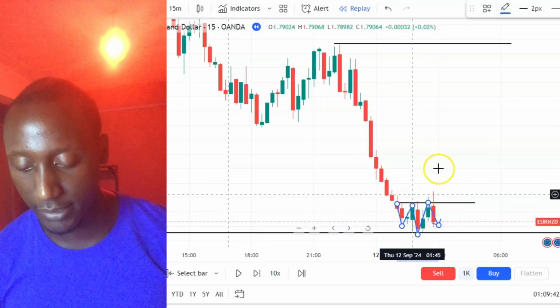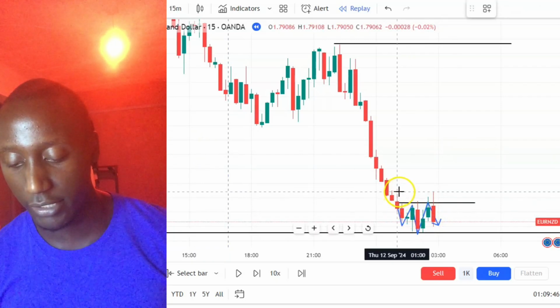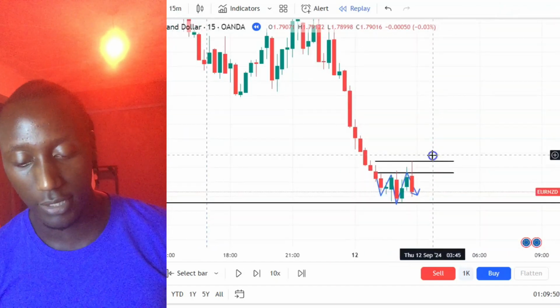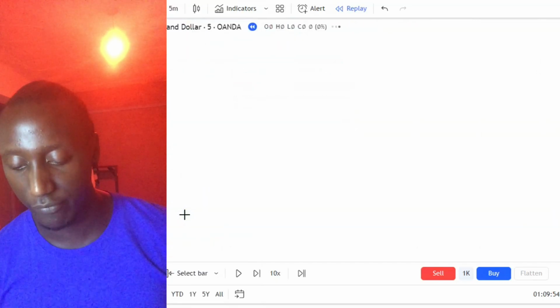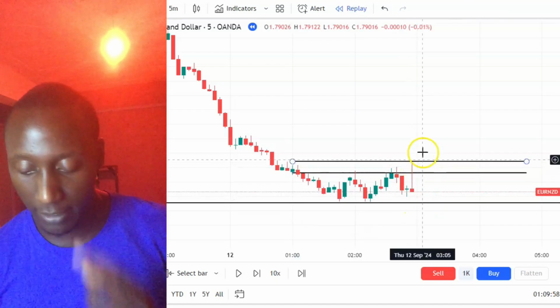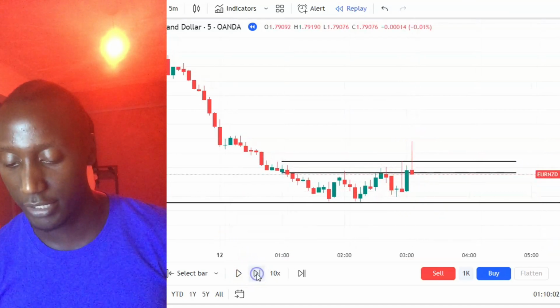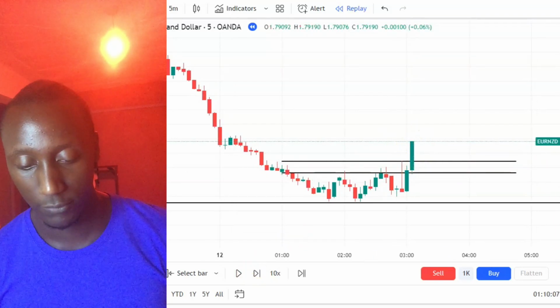So if price is correct and closes above this neckline, then we will be getting in. So we use the 5-minute time frame to look for our entry. If price breaks above this level and closes above it, the way it did, you can see price broke out, closed above that level.